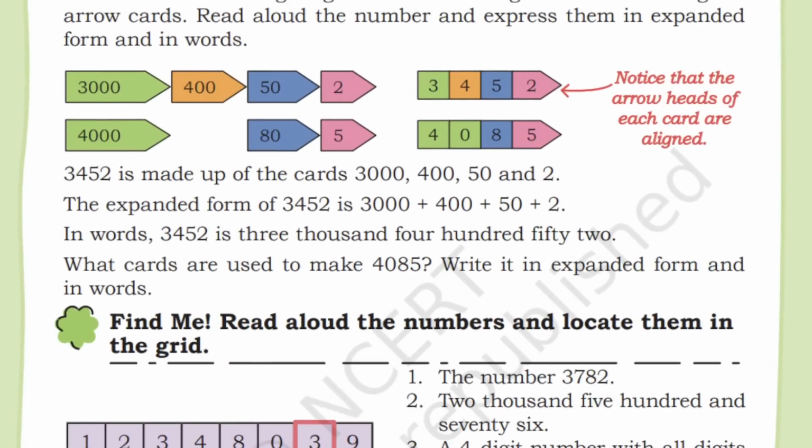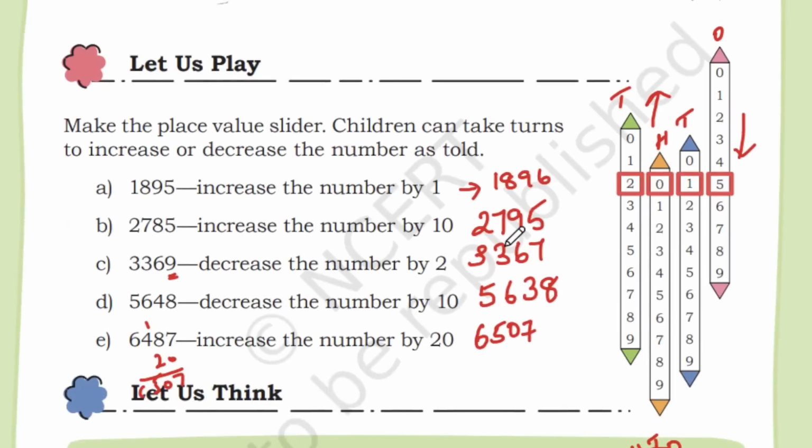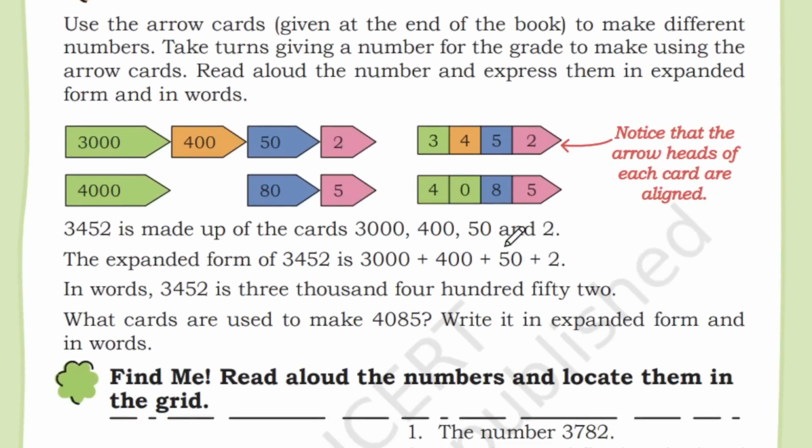Use the arrow cards given at the end of the book to make different numbers. Take turns. Note that the arrows should align. Okay. So this is an activity that we already did here. It's the same kind of activity. You have flashcards of 3,000 and one flashcard of 400 and one for 50 and one for 2.